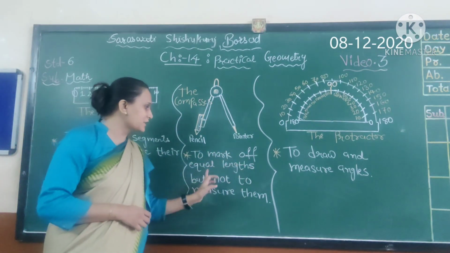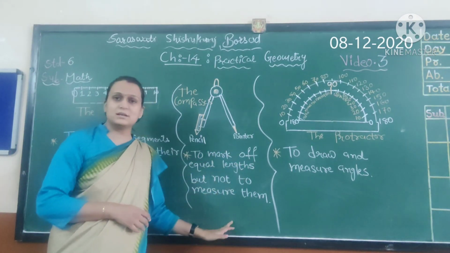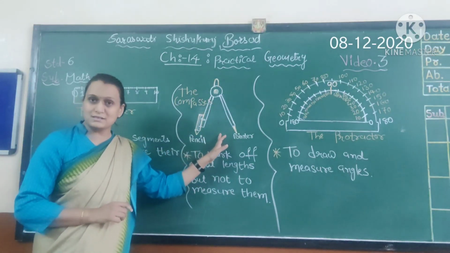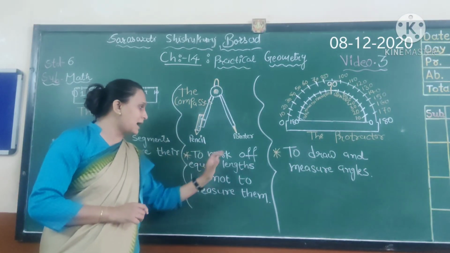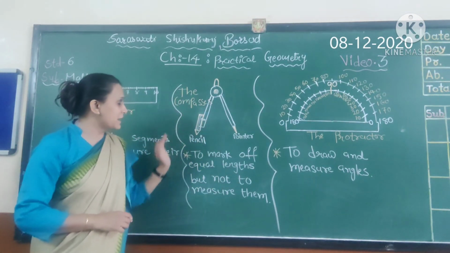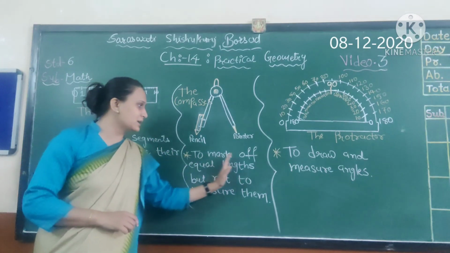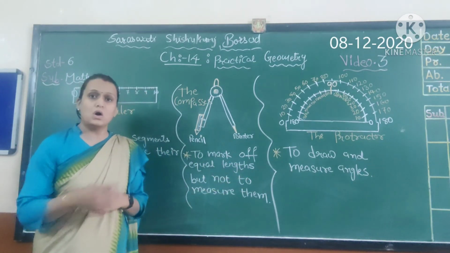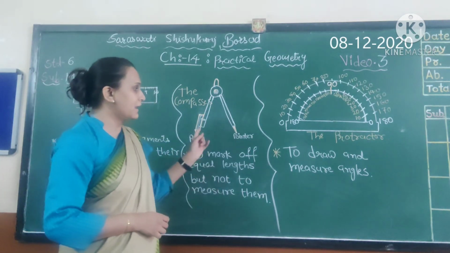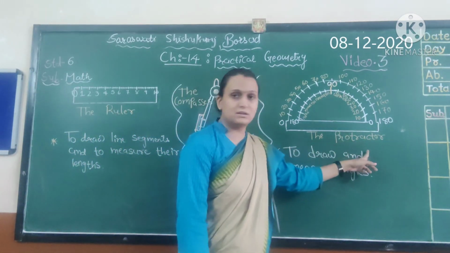So to mark off equal lengths, but not to measure them. We cannot measure any line with the help of compasses, but we can mark any measurement with the help of compasses. So the basic use of compasses is to mark off equal lengths, or we can use the compasses for a circle.